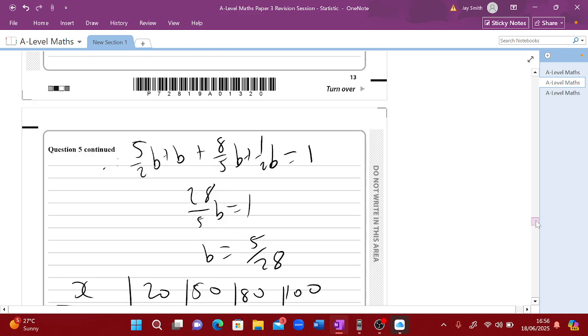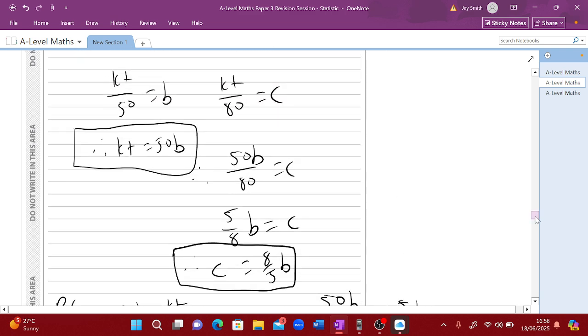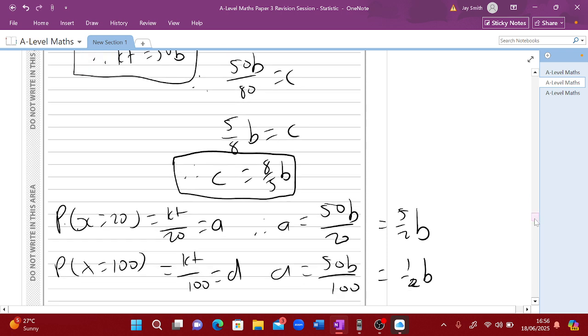Hang on, what have I done? KT over 20. Hang on, so what have I done now? KT is 50b, so 50b over 100, that should be half b.